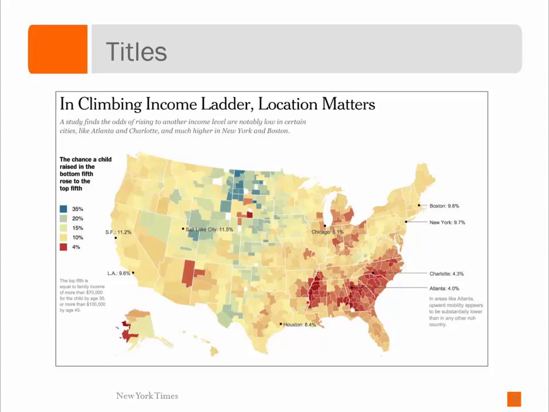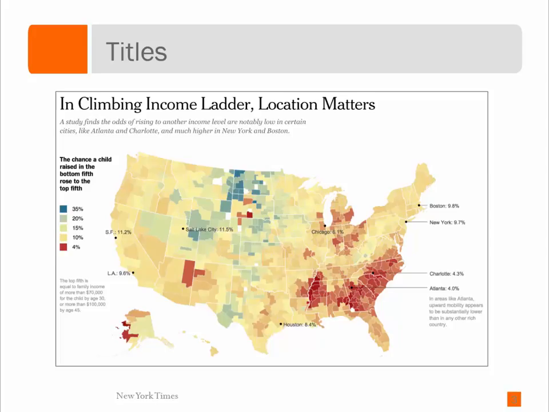Whatever is interesting or unique or unexpected in the data visualization, we want to position that with the subtitle. And you see that the New York Times has done that here. They've referenced income levels. They've highlighted that Atlanta and Charlotte are low. They suggest New York and Boston are higher.